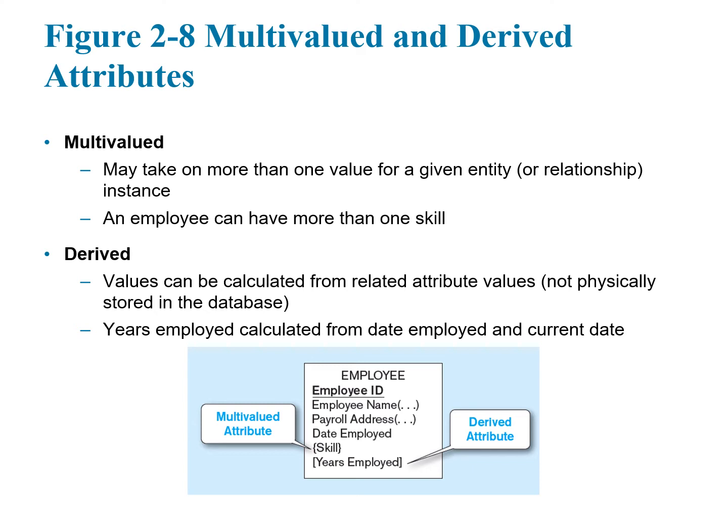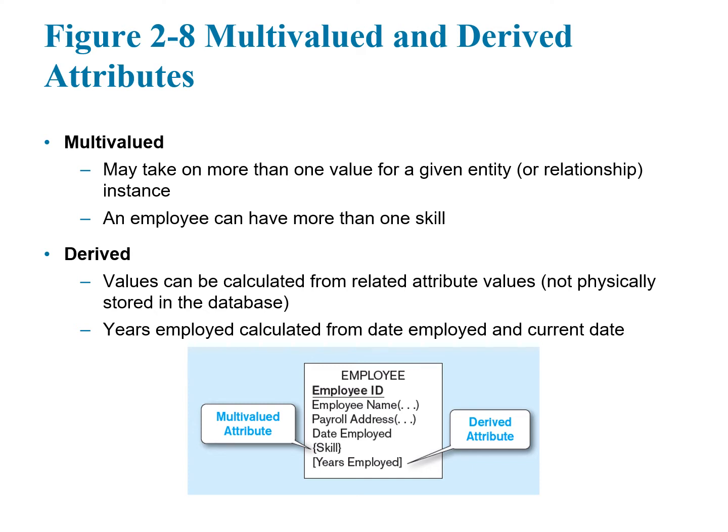By contrast, a multi-valued attribute is one that can have many different values, such as an employee being able to do many things. Note that a derived attribute is not one that is physically stored in the database, but rather one that is calculated based on the value of another.